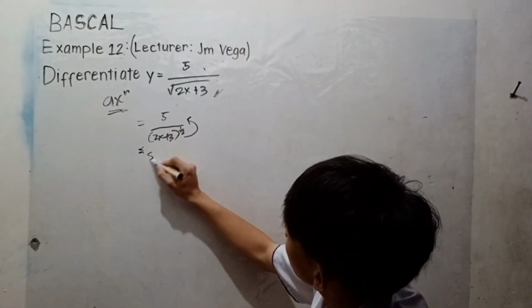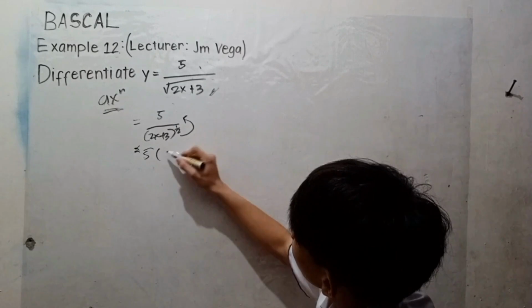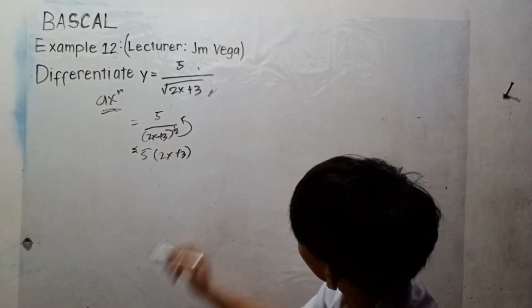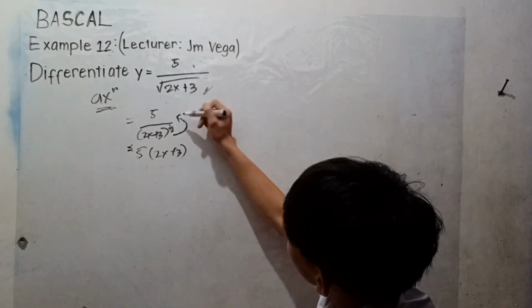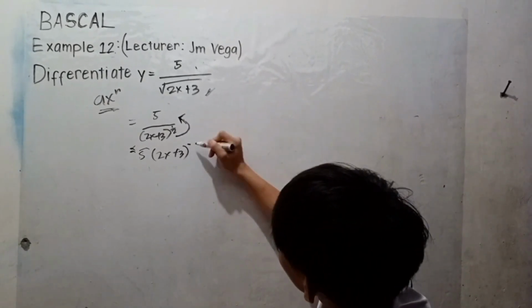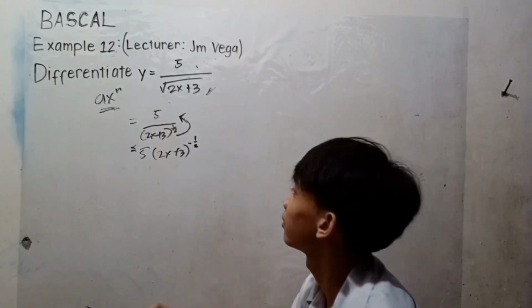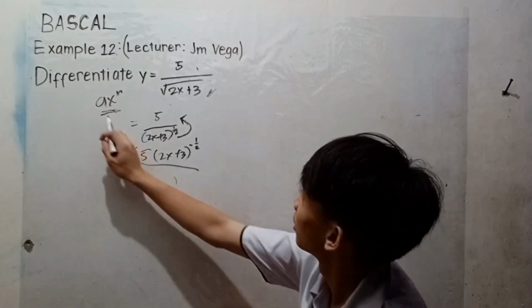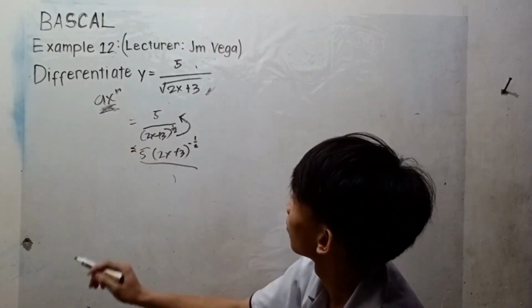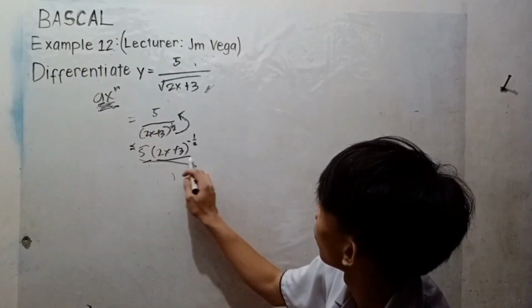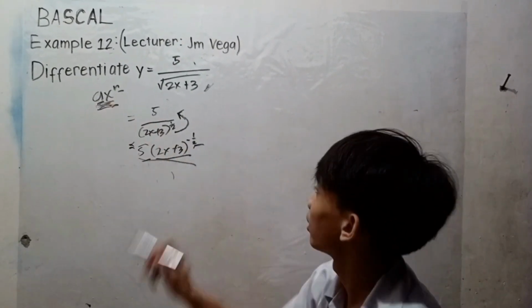So in that case, 5 and (2x plus 3). Since we move it from the denominator, the exponent will be negative 1/2. So a is 5, x is this one, and n is negative 1/2.